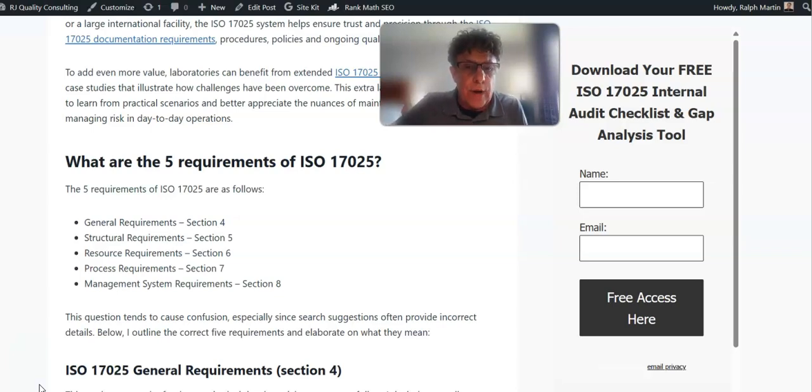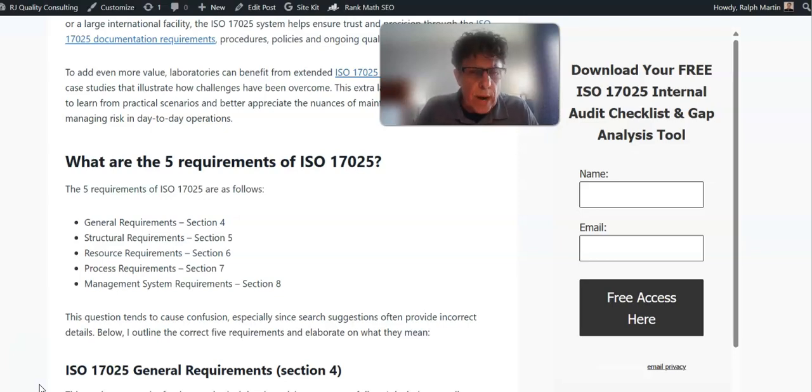There are actually 5 sections of the ISO 17025 standard that indicate what the requirements are for a laboratory to meet the requirements of the standard. And there really are only 5 main sections of the standard that deal with these requirements.